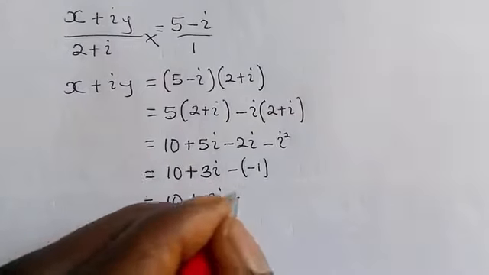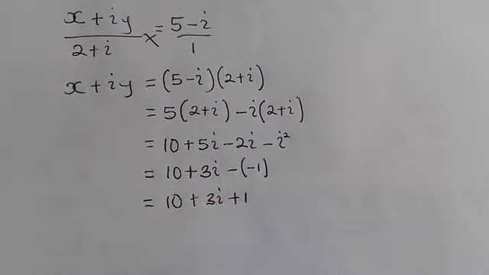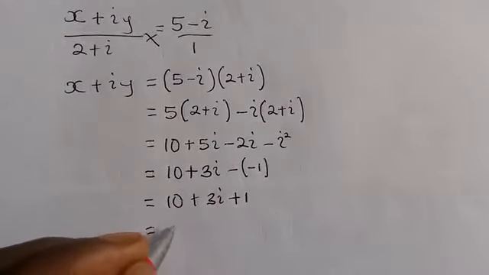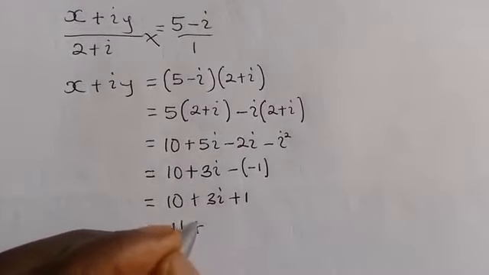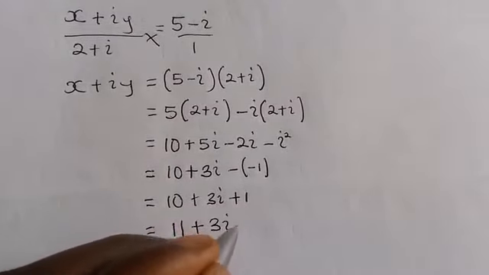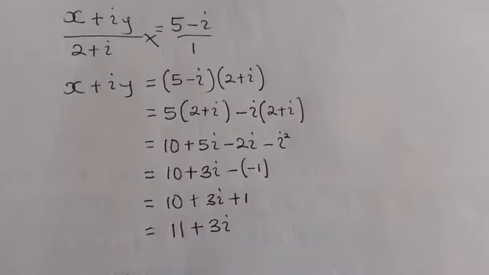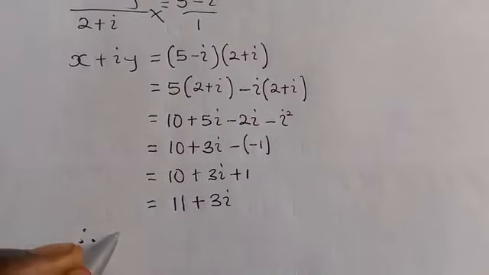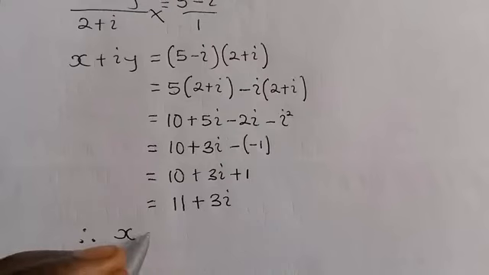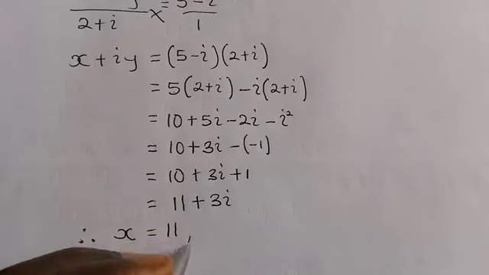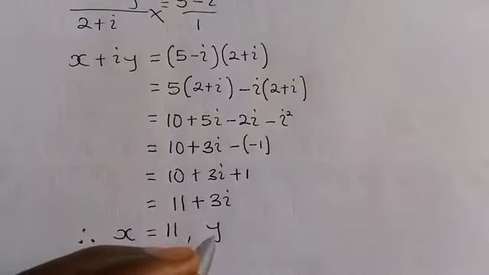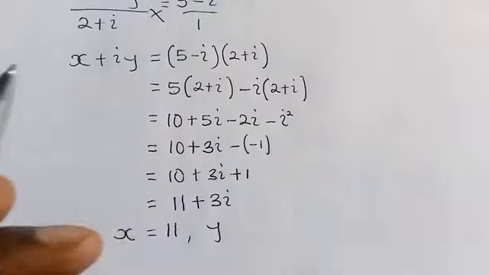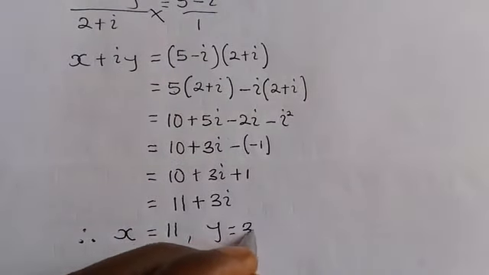Minus times minus, you have plus, then you have 1 here. Adding the real parts together, 10 plus 1, we have 11. Then we drop the imaginary part, which is 3i. From this, you have the value of x equal to 11. That's the real part. While the value of y, the coefficient of i here, is equal to 3.